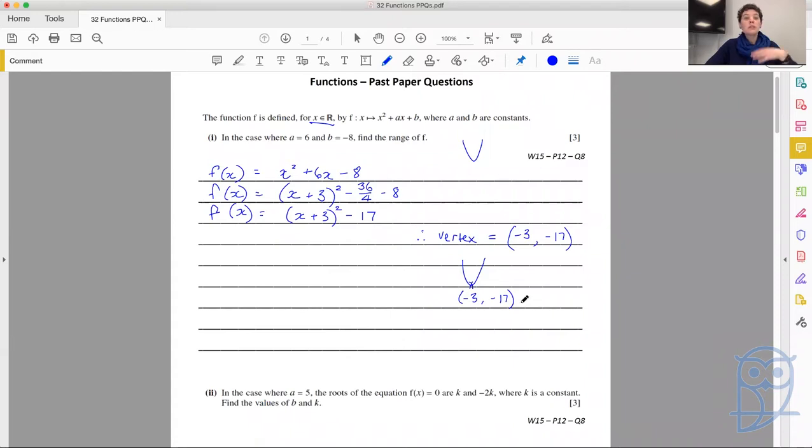The range will be going up from the vertex, so up from our y value. So our range is f(x) is greater than or equal to -17. Everything above that vertex is a valid output for this function.